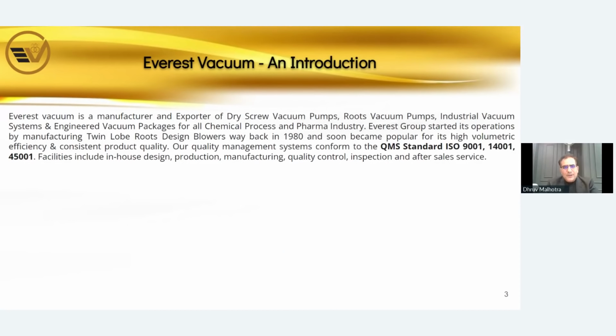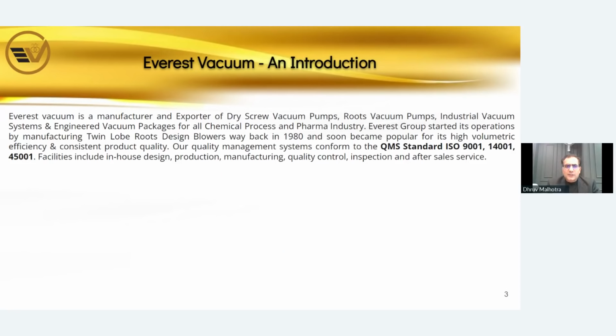So we first wanted to introduce our company. Everest Vacuum is a manufacturer and exporter of dry screw vacuum pumps, roots vacuum pumps, industrial vacuum systems, and engineered vacuum packages for the chemical, process, and pharma industry.